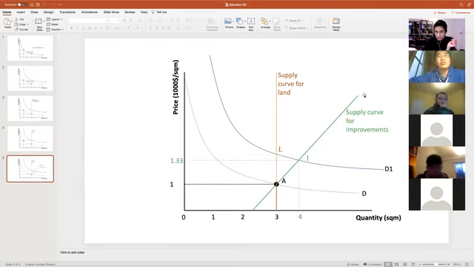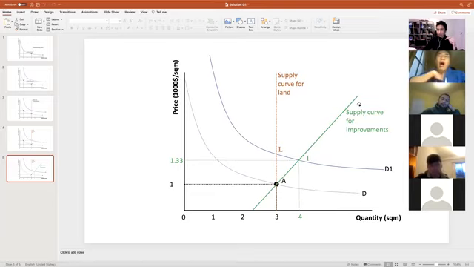Now, the green line may represent the supply curve for improvements. And this means that with an increase in demand, both the quantity and price change, but the change in price is less for structures because the supply curve for improvements is flatter than the supply curve for land.